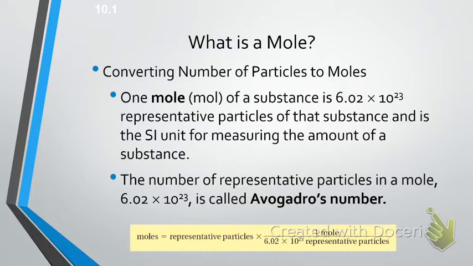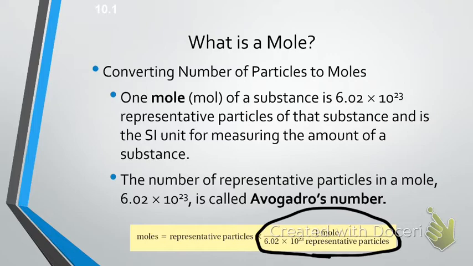This number, the 6.02 times 10 to the 23rd, how many particles make up a mole, is called Avogadro's number. When we use this in dimensional analysis, our conversion factor is going to be 1 mole over 6.02 times 10 to the 23rd representative particles.